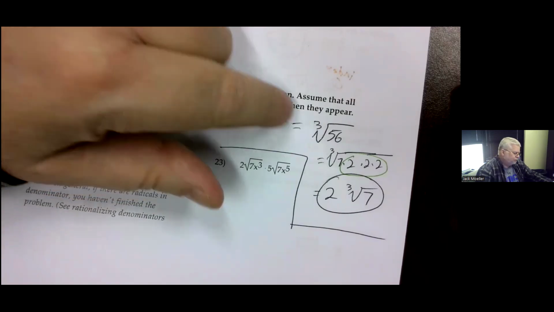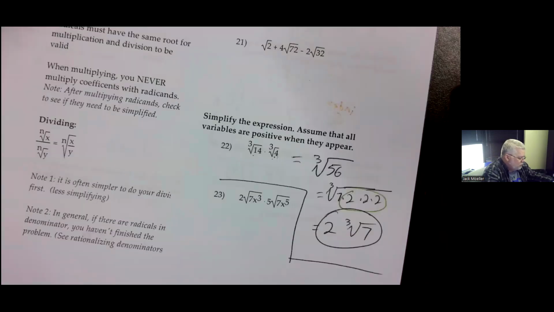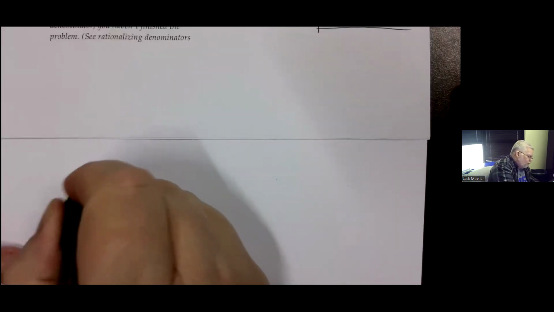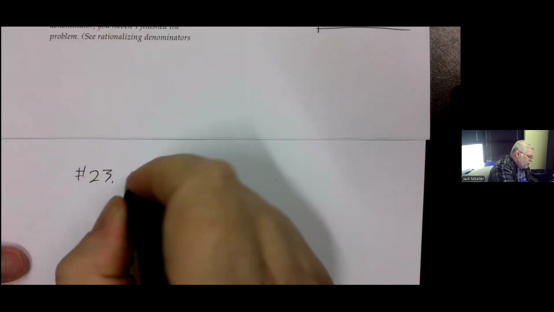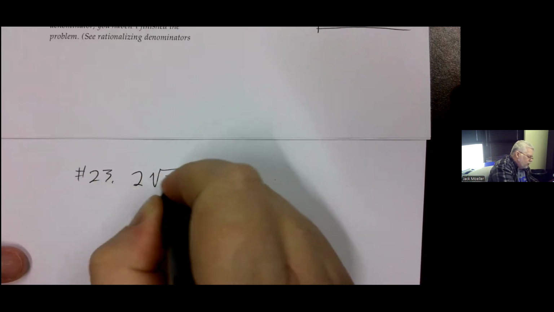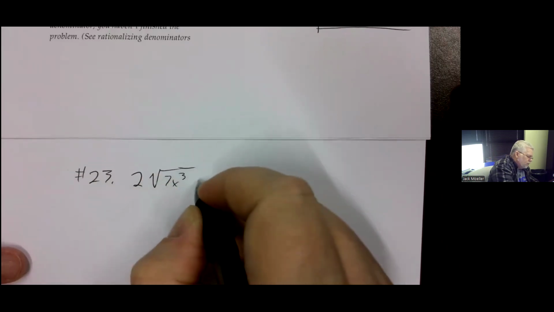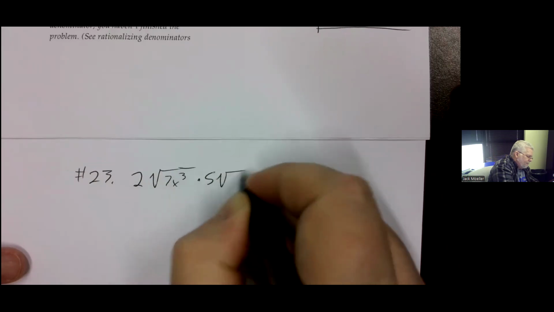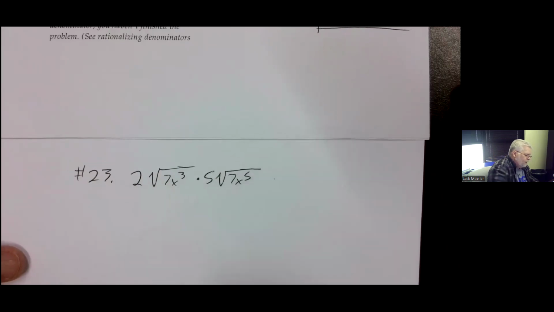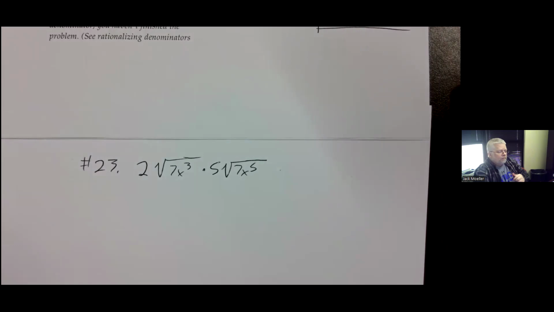Okay. All right, let's look at 23. And I'm going to pull up MyMathLab here at the end, and we're going to go through some of the examples to kind of see how messy they get. What do we have?